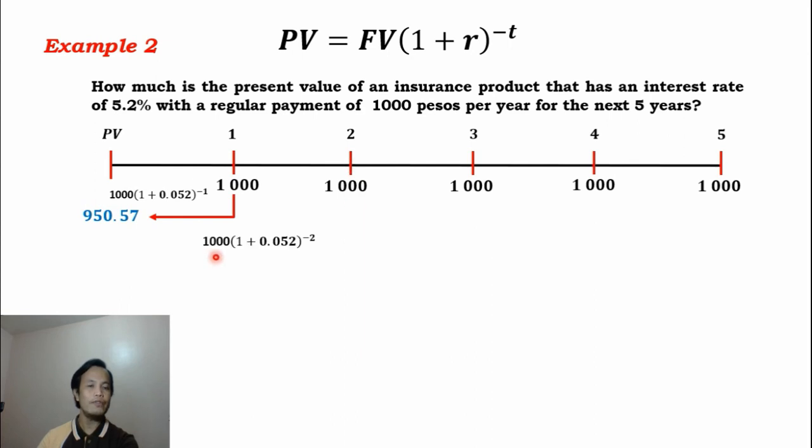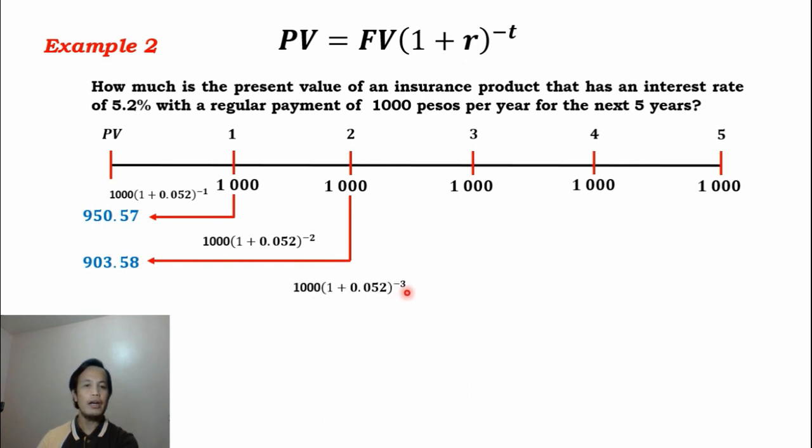We have the future value 1,000, then 1 plus 0.052 quantity raised to negative 2 because this is now the second year. So our amount, when using a calculator and simplifying these values, would give us 903 pesos and 0.58 for the second year. So, 1,000 pesos in the second year is worth 903.58, the present value.